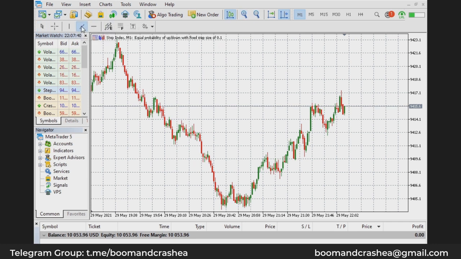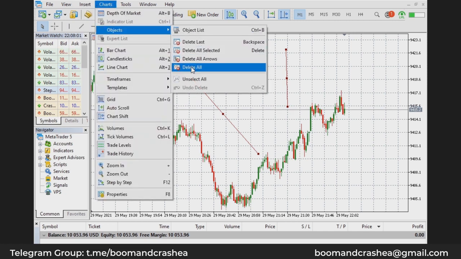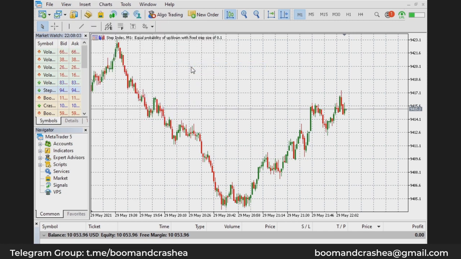I'm just going to take my dynamic trend line, which can be in any direction. It can be diagonal, it can be vertical, it can also be horizontal. Okay, now delete everything. Good.